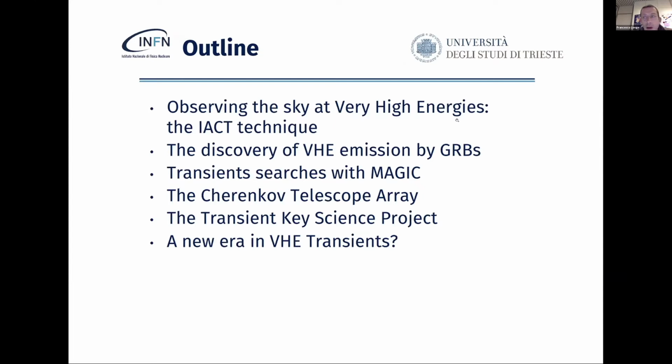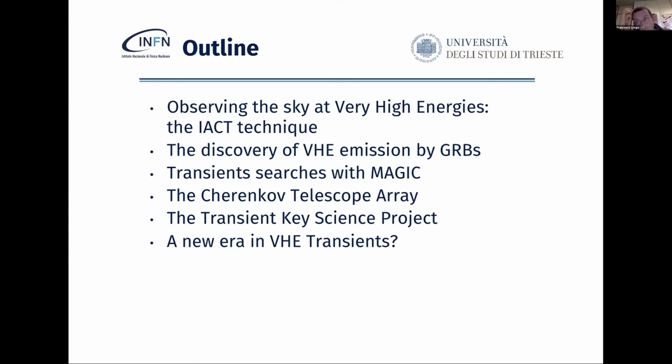I will tell you how this telescope works. Maybe some of you already know this imaging atmospheric Cherenkov technique that is quite successful after several years of testing and improvement. And nowadays it is currently showing its full potentiality. And it will be still improved with the next generation Cherenkov telescopes.